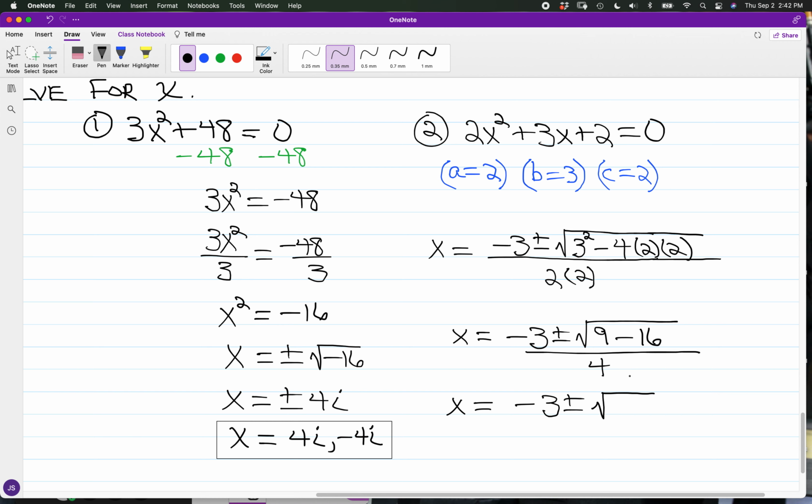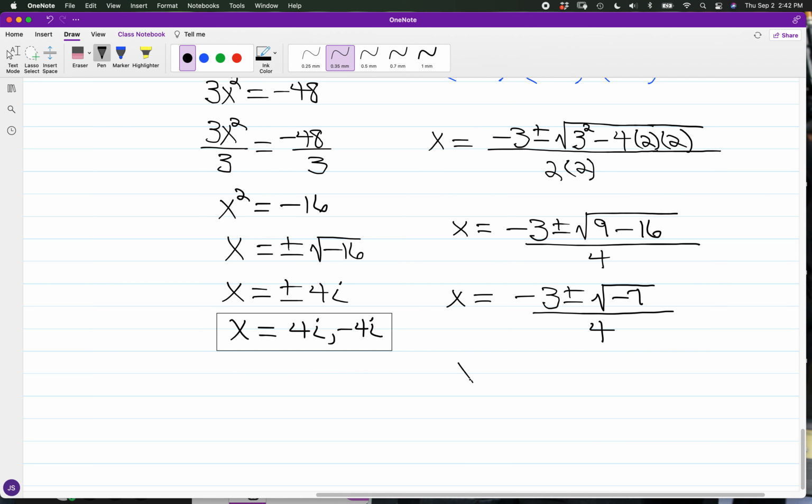We now have 9 minus 16, so we have negative 7. Whenever you have the square root of a negative, put that in terms of i. Don't leave it as just the square root of a negative. In this case, we're going to have the square root of 7 times i.